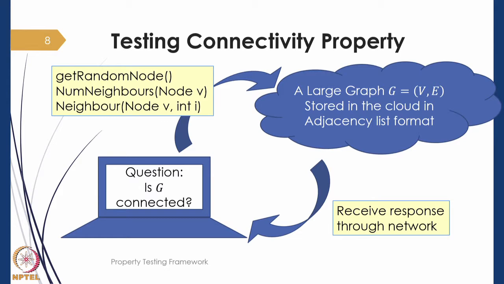Let us briefly look at the two examples that we will be considering in the next two segments of our lecture. The first property that we will be concerned with is testing whether a given graph is connected or not. The cloud has a large graph, let's say stored in the form of an adjacency list, and locally we have the question, is the graph connected or not?